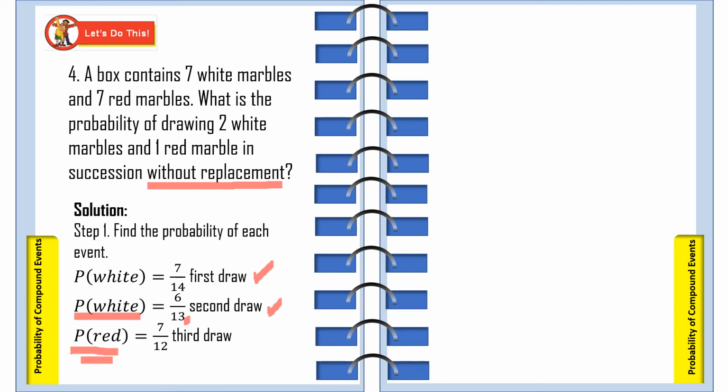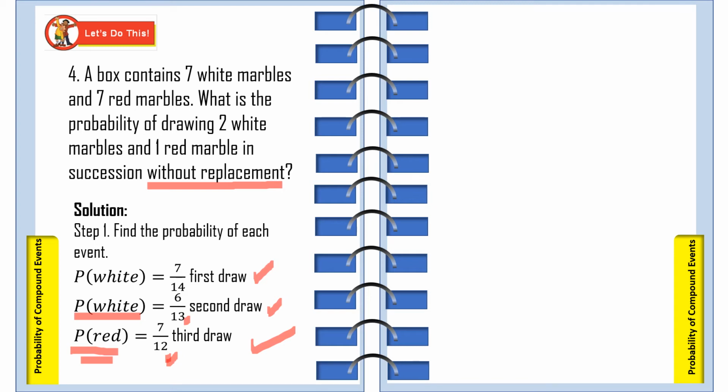Pero, yung denominator mo ay bumaba ulit, naging 12. Bakit? Kasi nga, doon sa second draw mo, hindi mo binalik yung napili mo doon. Therefore, nabawasan na naman ng isa yung total number of marbles sa loob ng box. Kaya yun yung magiging probability ng third draw mo.